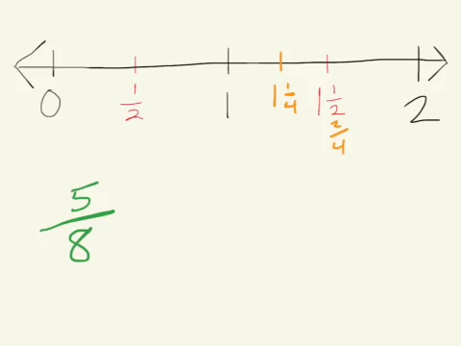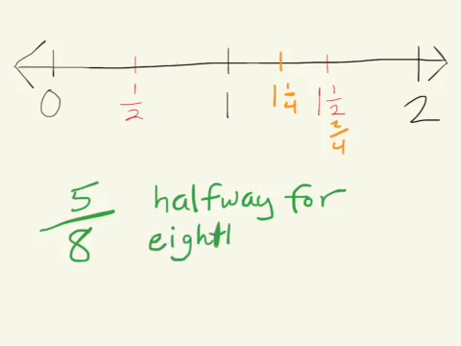So we have to decide, how do we know what the halfway point would be in the language of eighths? Because right here, we've only got halves. So let's think about eighths. Halfway for eighths would be, well, what's half of 8? 4.